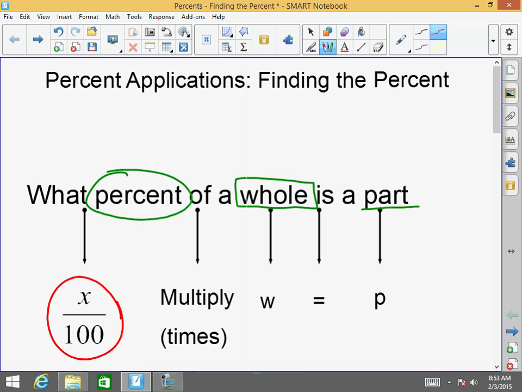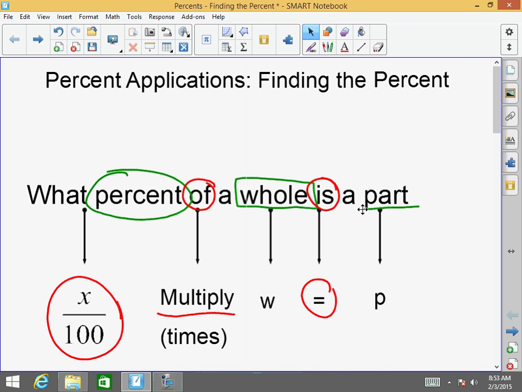Either way, what percent means x over 100. The word "of" means multiply, times. I represent the whole with a W. "Is" means equal. And the part we represent with the letter P.